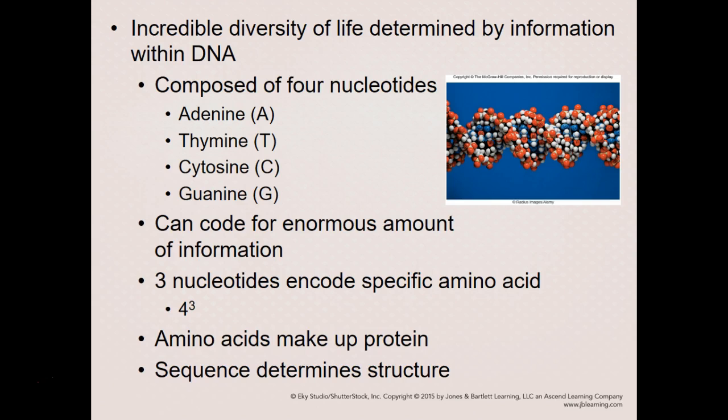Adenine and thymine always pair up. Guanine and cytosine always pair up. And because there are only 4 nucleotides, we have to read DNA 3 nucleotides at a time to code for all the different amino acids that we have, which we have a total of 20 amino acids.